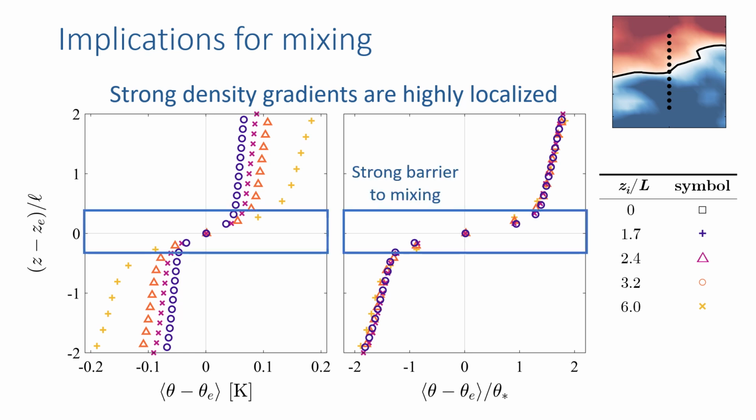The implication for mixing is that as you increase the stratification, the suppression of mixing is not necessarily going to increase equally throughout the entire flow volume. It's going to be highly localized and concentrated along these thin gradient layers that separate the relatively well-mixed zones.